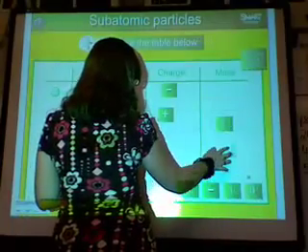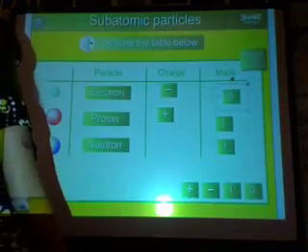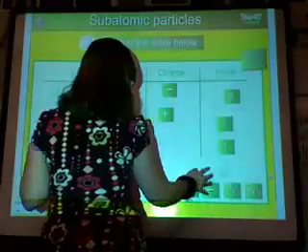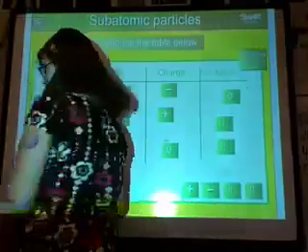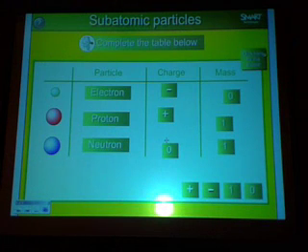The mass of 1. Mass of 1. Good. One more. Neutrons. What's their charge? We don't have a charge. So give them a 0. There you go. Okay, you guys should be able to do the same thing. You should know where they're at, what their charge is, and how much mass they have.